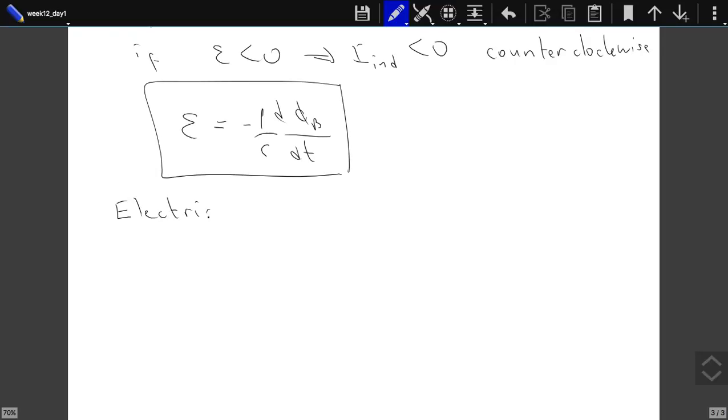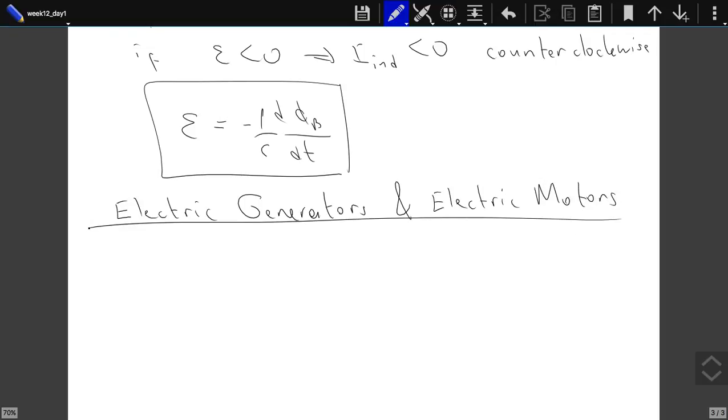Now let's look at electric generators and electric motors. Well, they're basically the same thing.